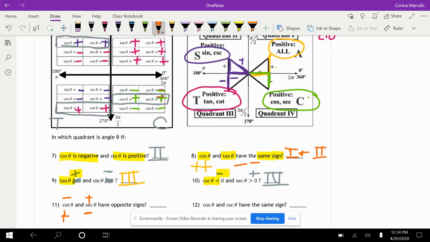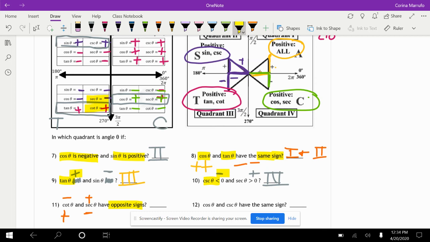So if I look in the first quadrant, cotangent and secant, they both have the same sign. So then that is not one of our answers. And we look here, secant and cotangent are both negative in quadrant 2. So that's not what we're looking for. Then we look at quadrant 3. Secant is negative and cotangent is positive. That's an example of where they have opposite signs.